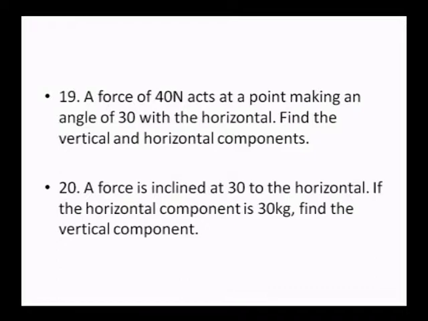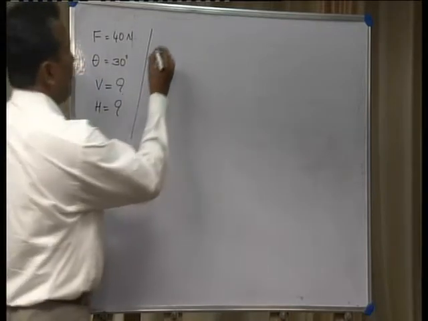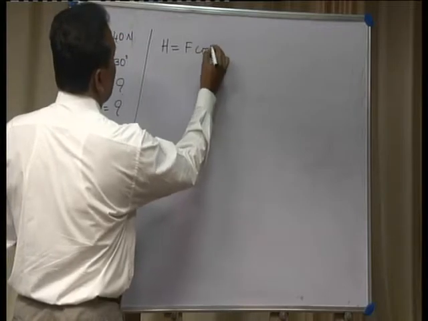Once again, the problems we solve in this session are the problems given in previous examinations. So if you are able to calculate these problems comfortably, definitely you will get the same type of problem in the forthcoming examination also. So, try for it. Here what is required is the vertical component and the horizontal component. We know that the horizontal component H is equal to F cos theta.